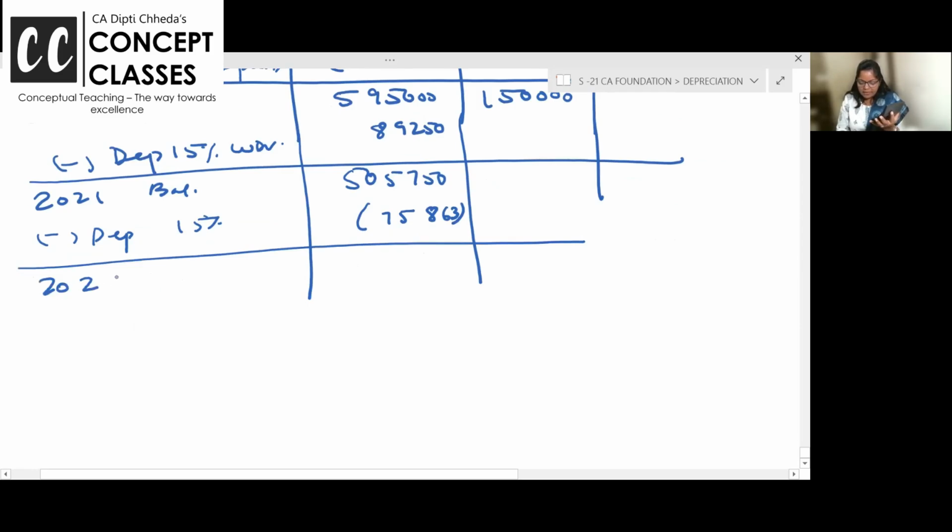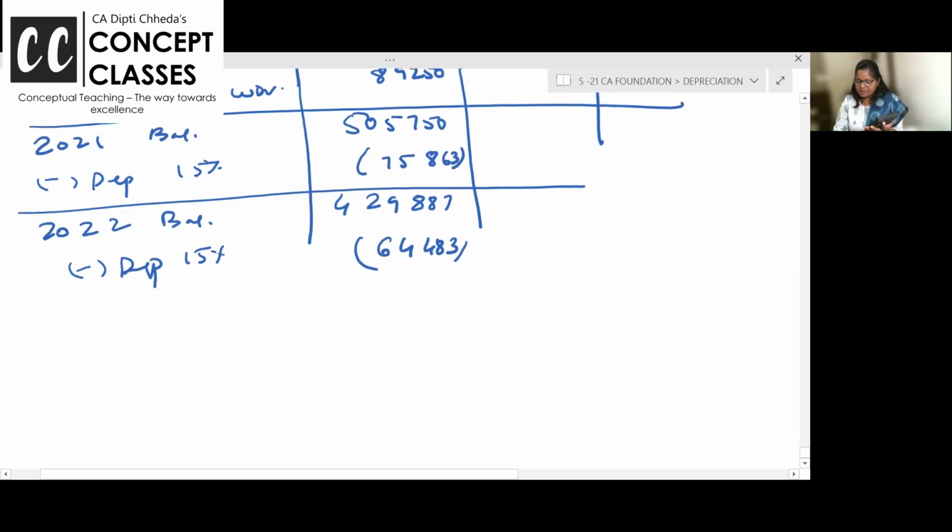Again 22, what is the balance? 4,29,887. Again 22, depreciate 15%: 64,483.